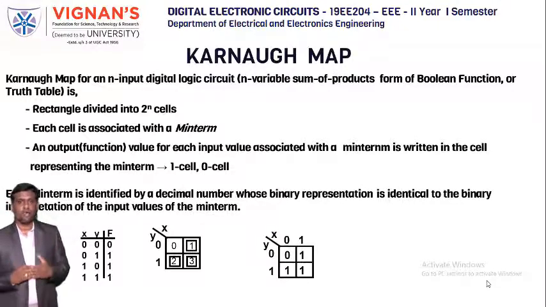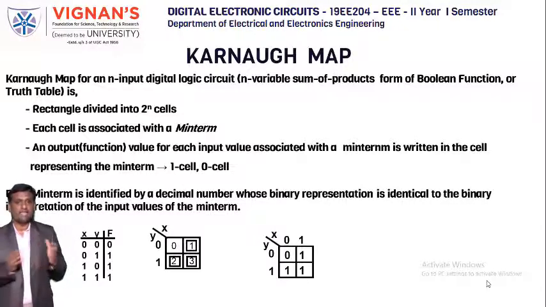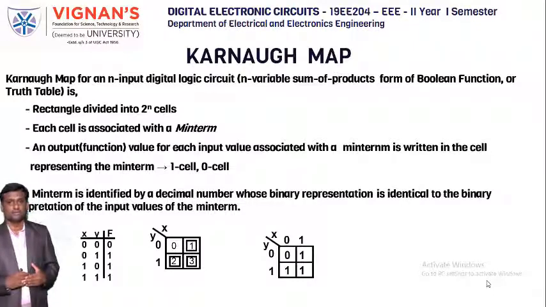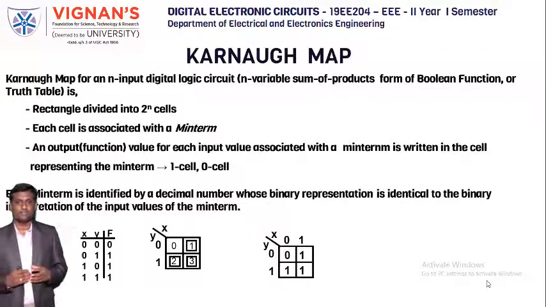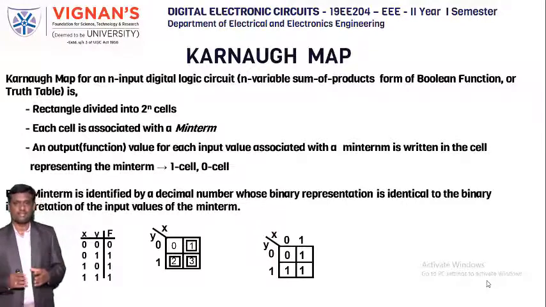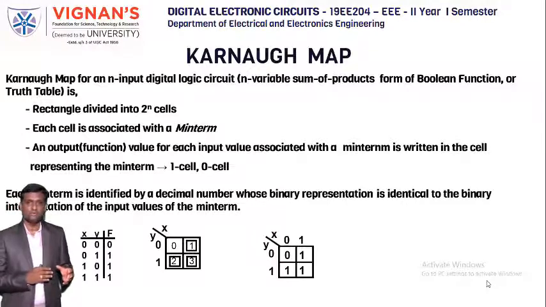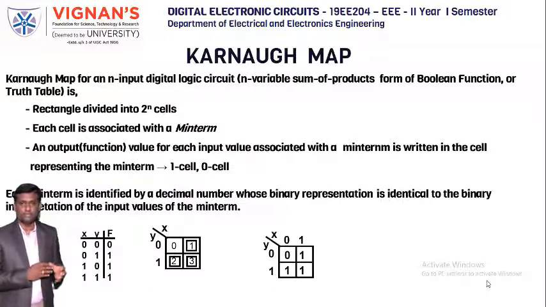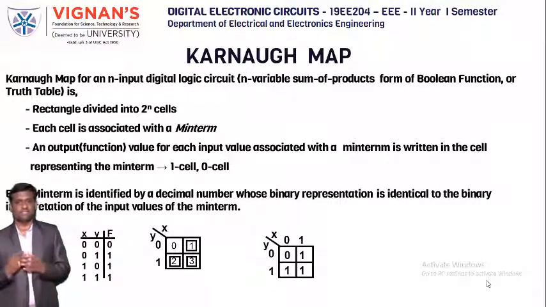So the corresponding decimal values of the binary combination of two variables X and Y with the one output are 1, 2 and 3. So the respective cells are assigned with 1. The cell which doesn't have 1 in the output is represented with 0.